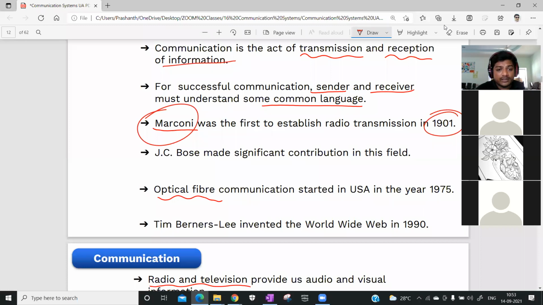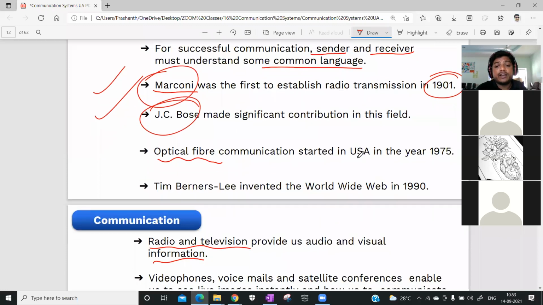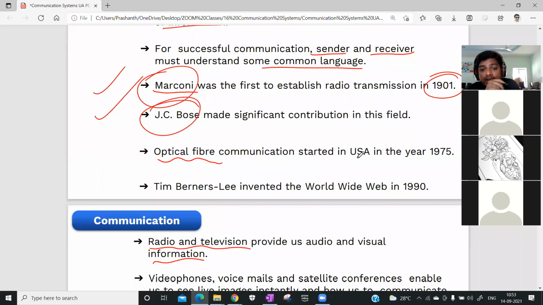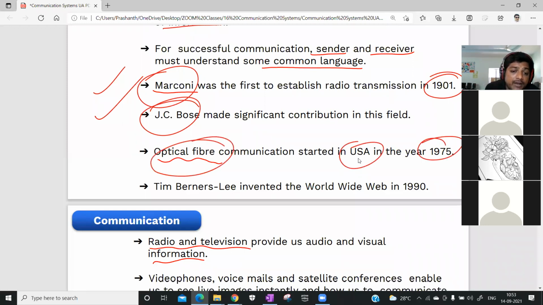J.C. Bose made significant contributions to these communication systems and optical fiber communications. The telephonic conversation we do is through optical fiber communication, which started in 1975 in the USA.